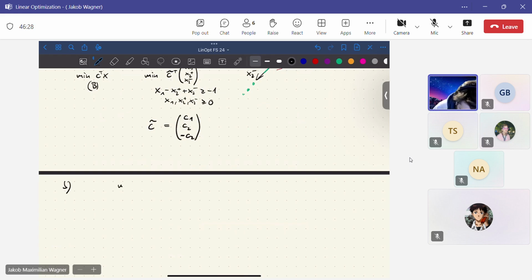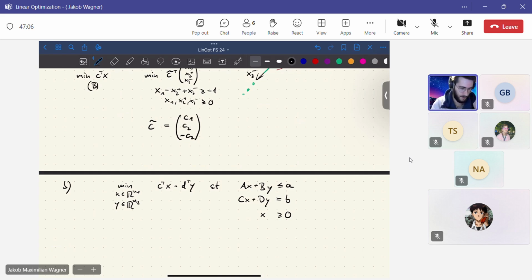So we have minimization over x in R^n1 and y in R^n2, of c transpose x plus d transpose y, and we have constraints Ax plus By less or equal than some vector a. We have Cx plus Dy is equal to some vector b. And we have non-negativity constraints for the x.